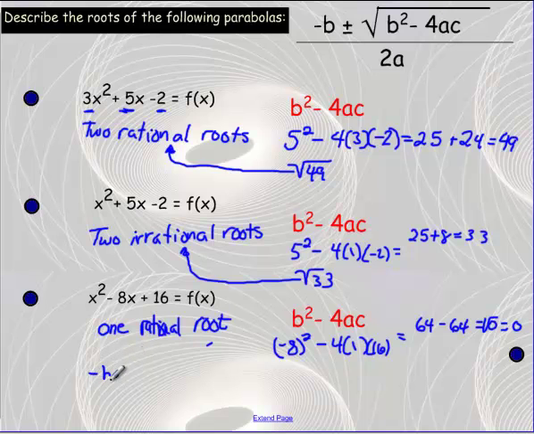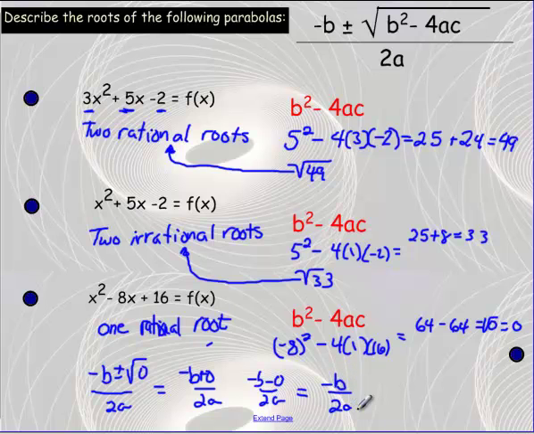If you did negative b plus or minus the square root of 0, you would get negative b plus 0 over 2a and negative b minus 0 over 2a, which both give you the same answer as negative b over 2a. So that's why there's only 1 root.